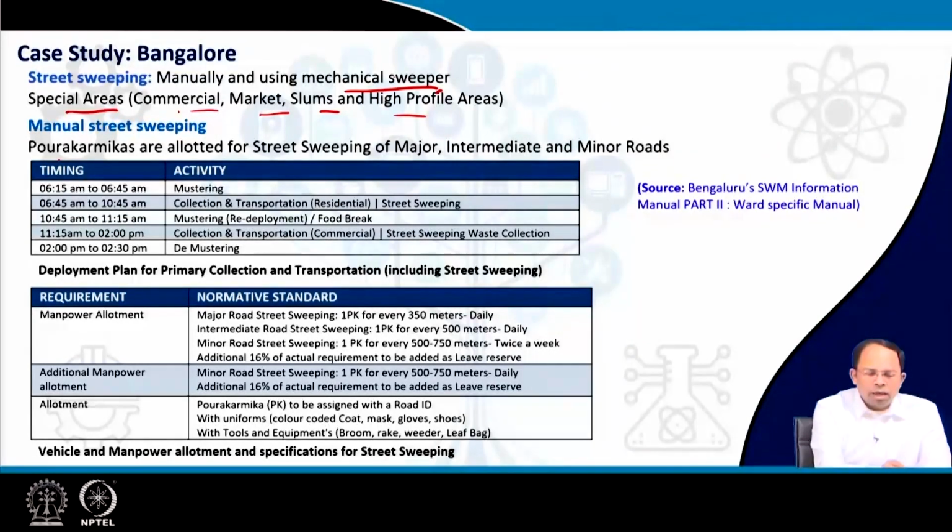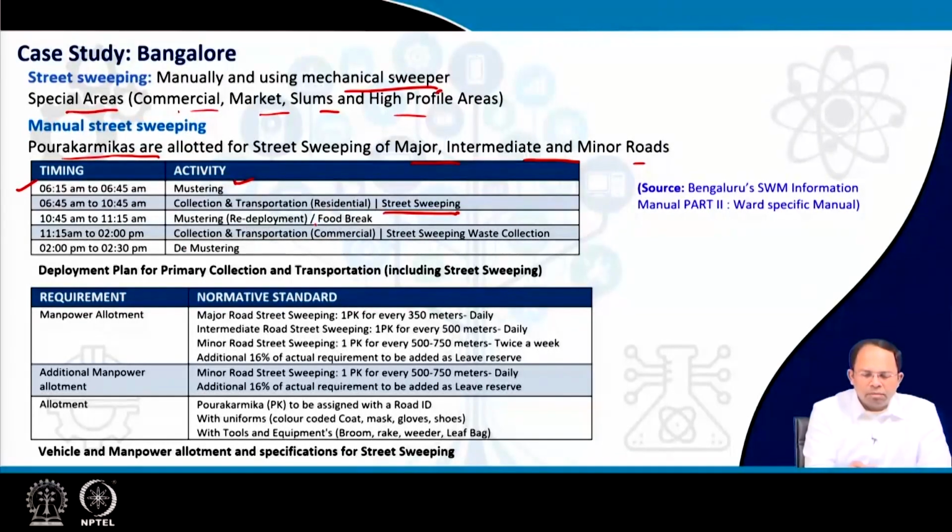Usually these manual workers are known as Porokarmikas in Bangalore, and they are allotted to major, intermediate and minor roads, and usually they report around 6 o'clock in the morning, 6:15. They gather, and at 6:45 they are transported to the different areas from where they will start collecting, and then they start their street sweeping process. From 10:45 to 11:15, this is the peak hour.